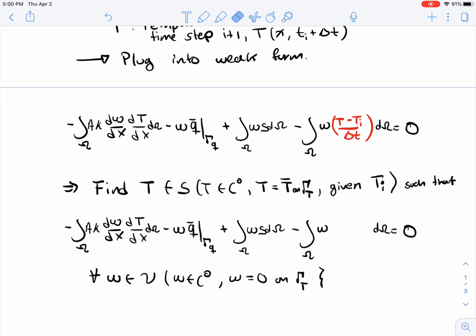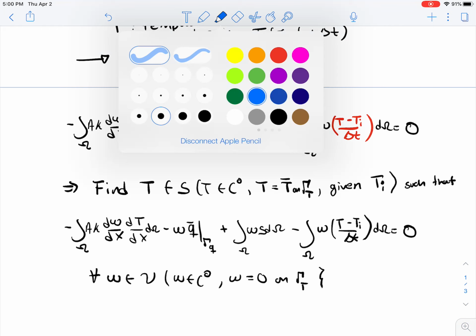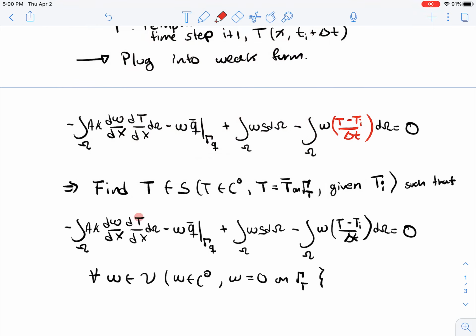And I'll change the color here because one thing that I want to point out is what is the unknown in this equation that I need to solve. The unknown is actually this temperature field, which appears here and appears here. And that is different from what we have done in the past.